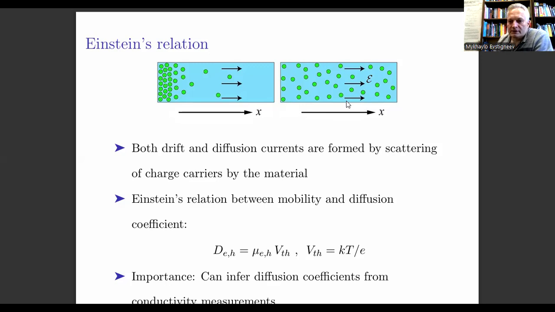Without the collisions, the charge carriers would go on a straight line at a fixed velocity, right? But in the collisions, their velocity constantly has to change in time, and so the particle's motion becomes random, irregular. So the same physical mechanism which is responsible for diffusion is also responsible for drift of charge carriers in semiconductors.